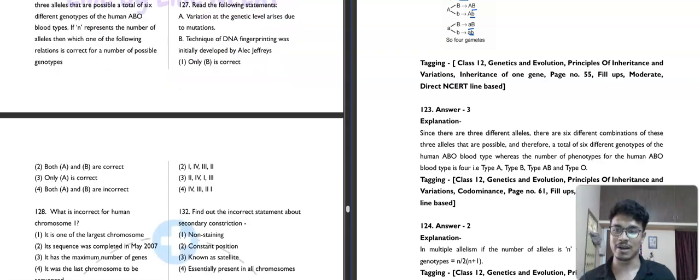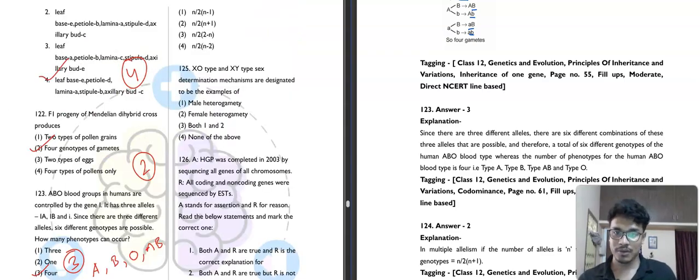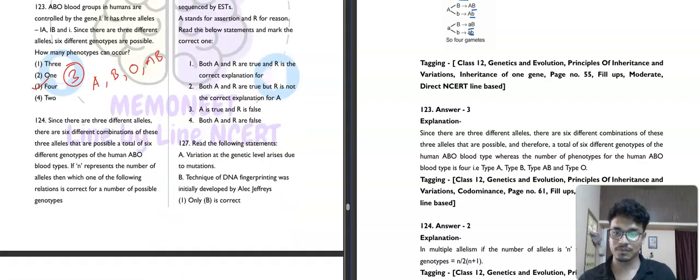Then question number 124. I need to say something for this kind of question. When you see a long statement, people generally skip the question. But these are the easiest questions if you read everything.